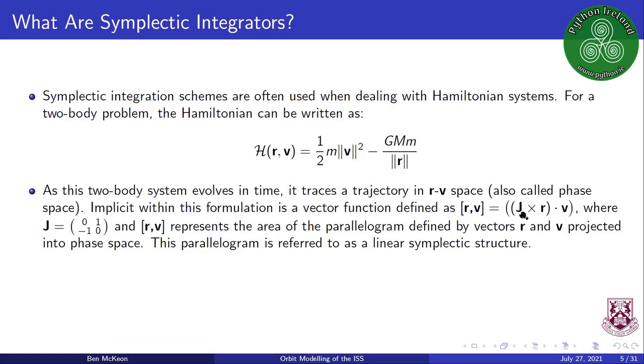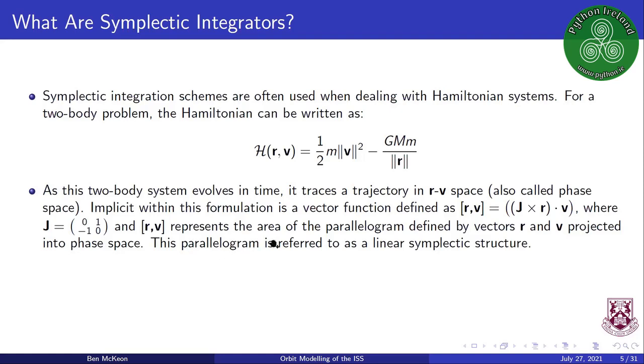It's a little bit of vector calculus. So we're taking this term here, which is the area of the parallelogram defined by those two vectors, if you were to project them out.